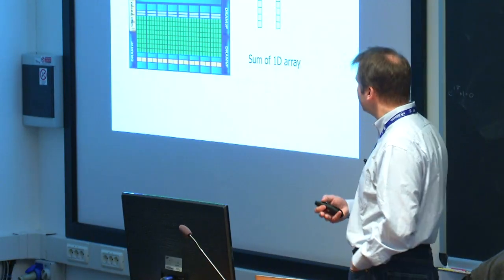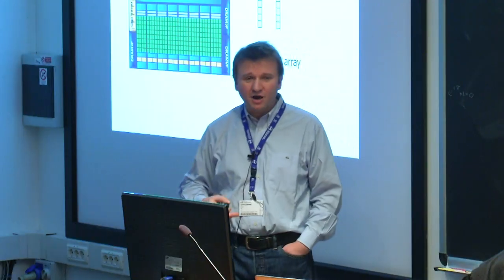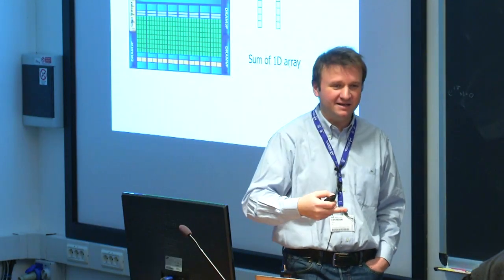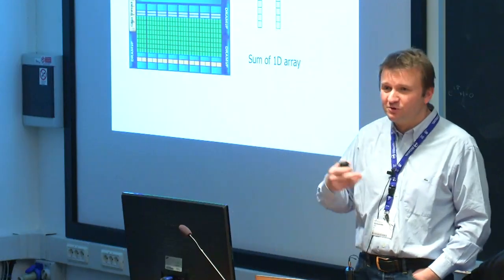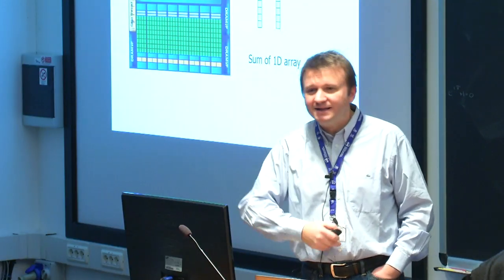So in a traditional computer, to compute this sum, you have to implement a loop over all the elements of the array. And for each iteration of the loop, you compute the sum of the two elements. In a GPU, I get rid of the loop.